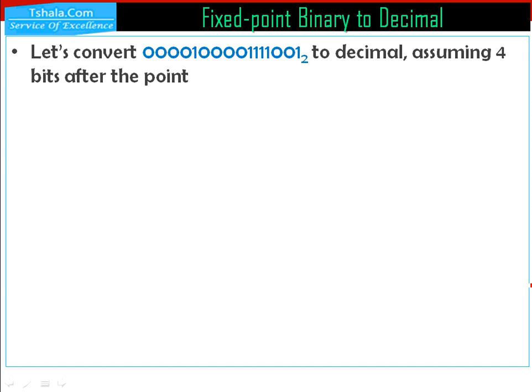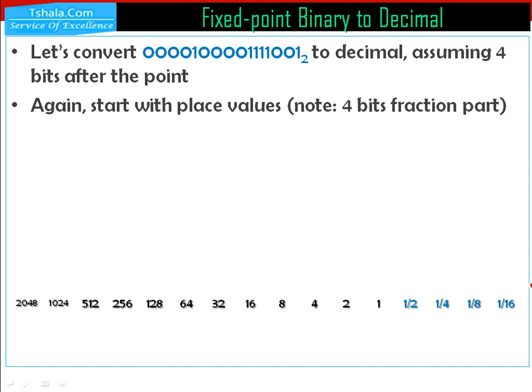Let's now do the conversion from binary to decimal. We take this binary number, which we are going to convert to decimal, and in this case we use 4 bits after the point. Again, we start with place values.